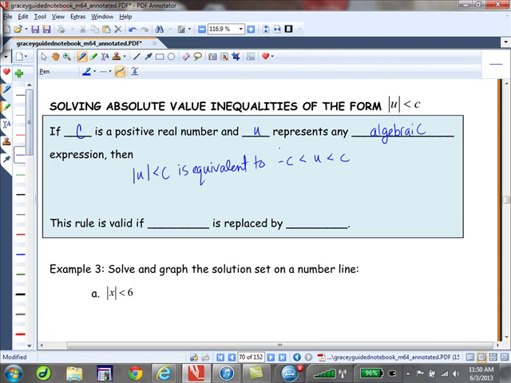Now, the rule is also valid if you replace the less than with the less than or equal to.